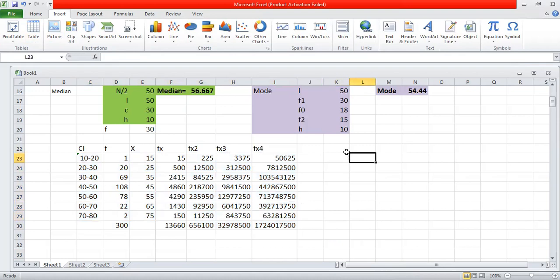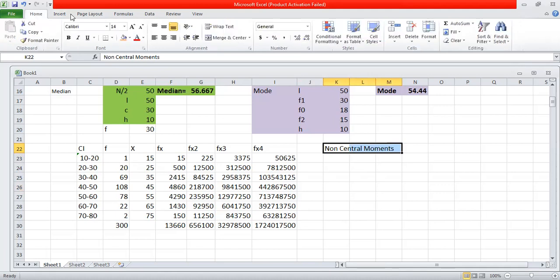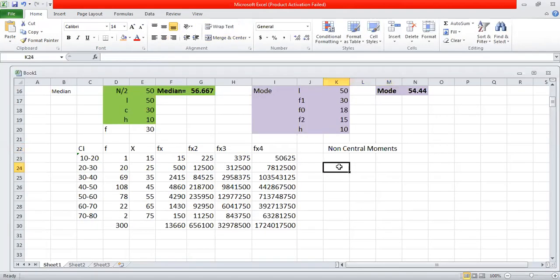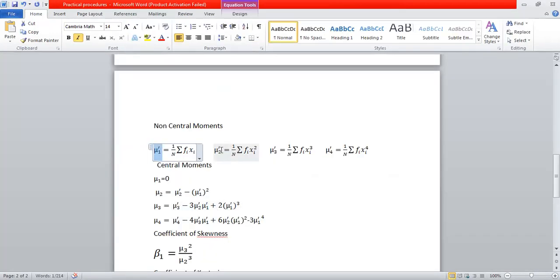non-central moments first. So first we calculate the non-central moments. What are the non-central moments? Mu1 dash, mu2 dash, mu3 dash, and mu4 dash. First coming to mu1 dash. Next, copy mu2 dash.